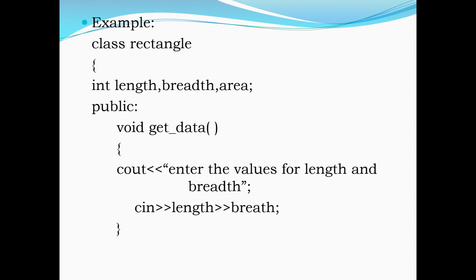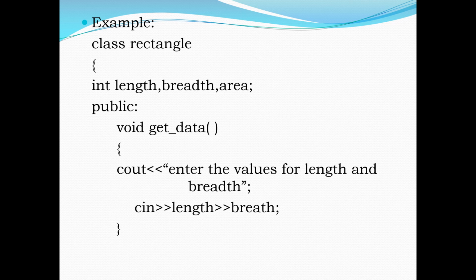After seeing the general syntax of defining a member function inside the class, we'll see a small example of how to declare a member function inside the class. This is a small example where we calculate the area of a rectangle. Before writing a class, we need a classification: what data members and member functions we are going to have.